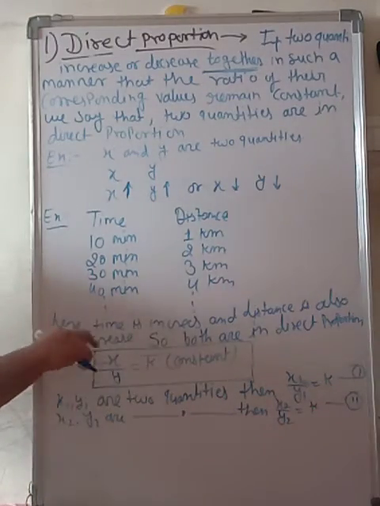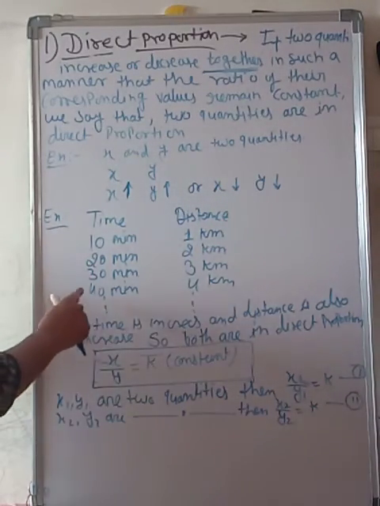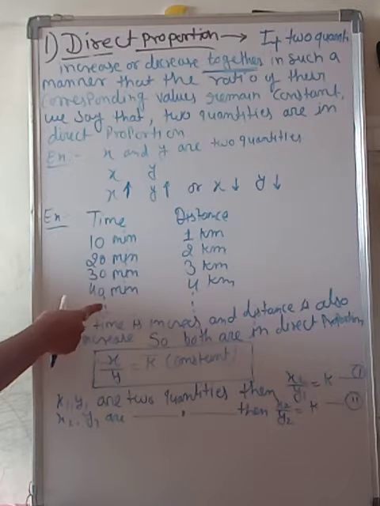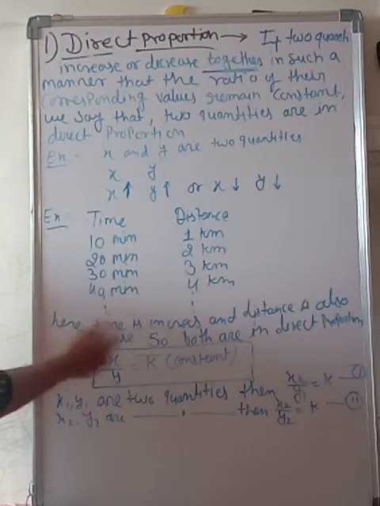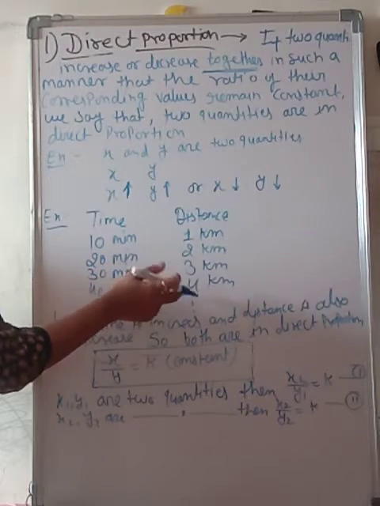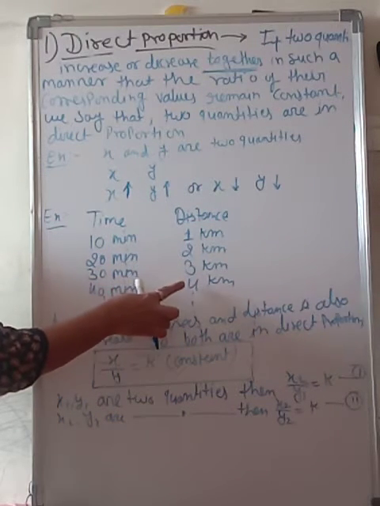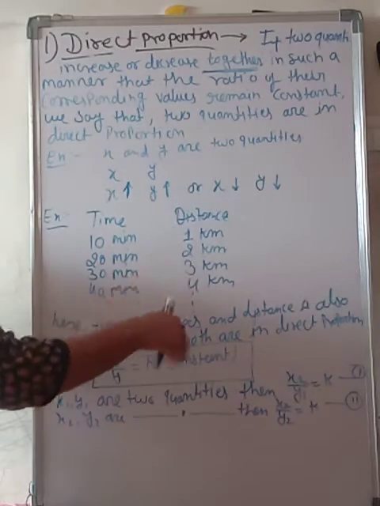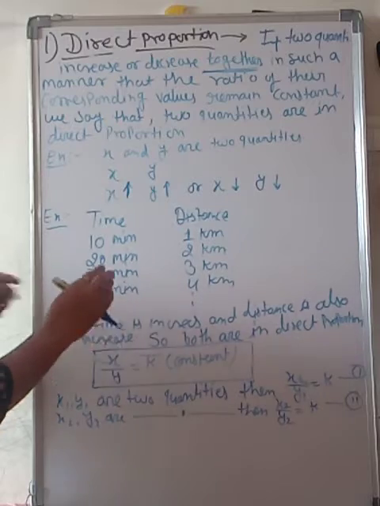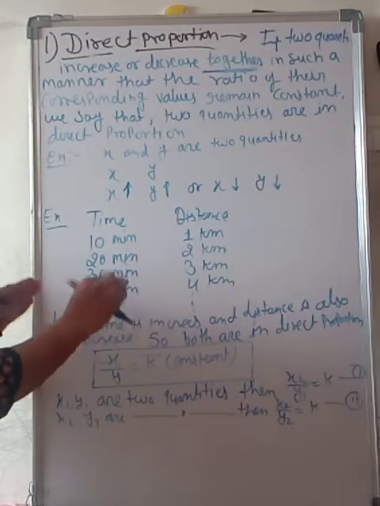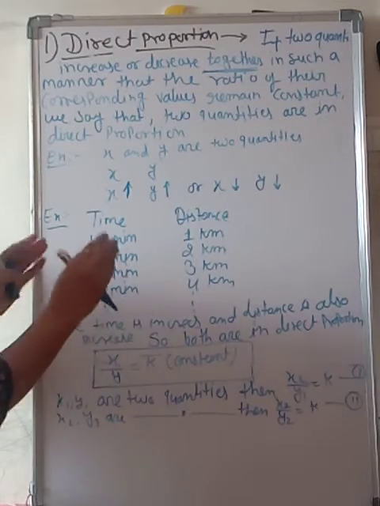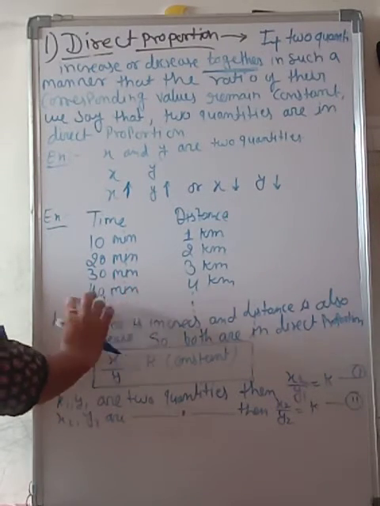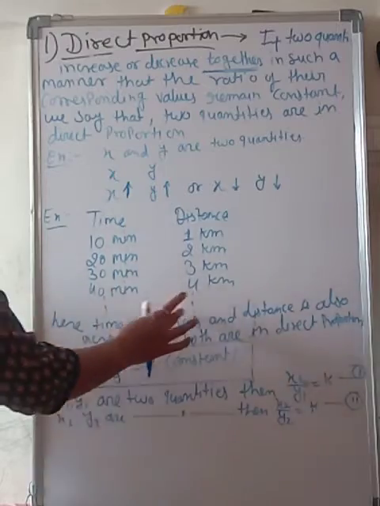You can see the time is increased, 10, 20, 30, 40, 50 and so on, and the distance always increases, 1 kilometer, 2, 3, 4 and so on. So time is increased and the distance also increases. You can say both increase, so both are in direct proportion. This type of variation is called a direct proportion.